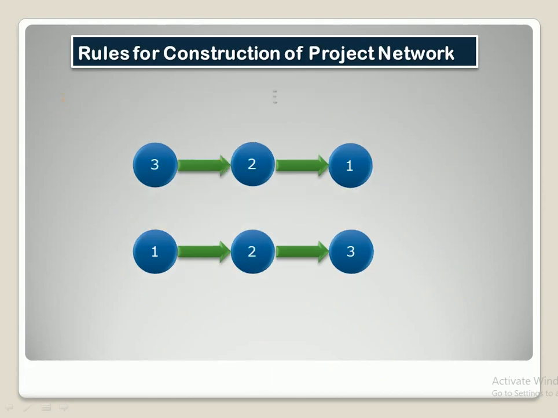Our next rule is Fulkerson's rule. Fulkerson's rule says that the sequencing of the numbers should start from the lowest, right? You don't have to give the number to any node randomly; you have to start with the lowest. For example, here in this first example I have started like 3, 2 and 1.